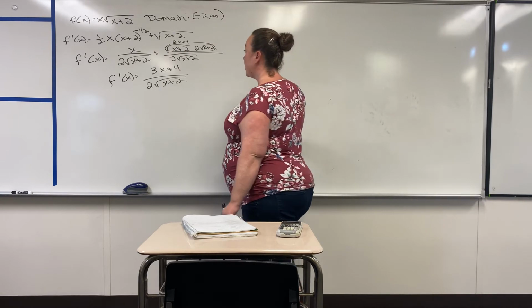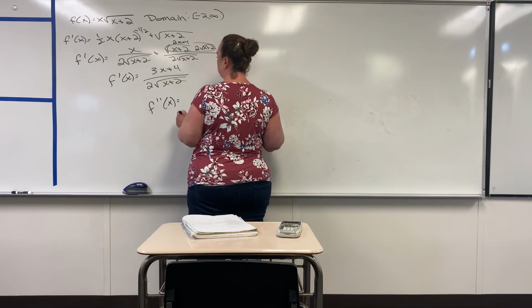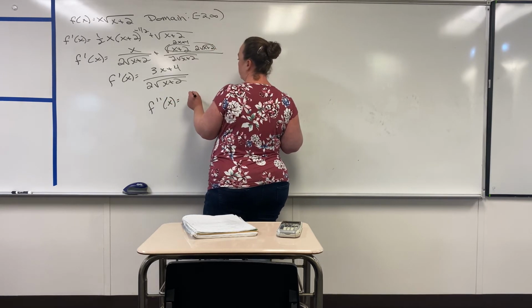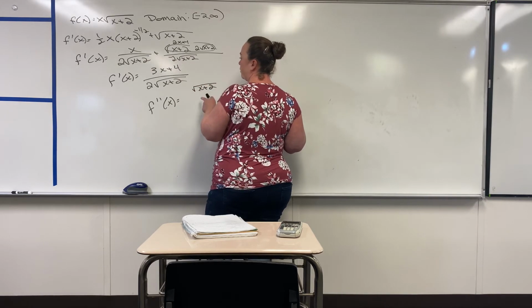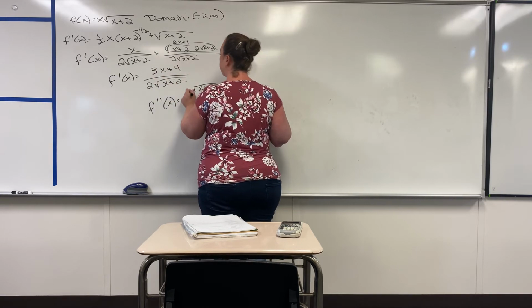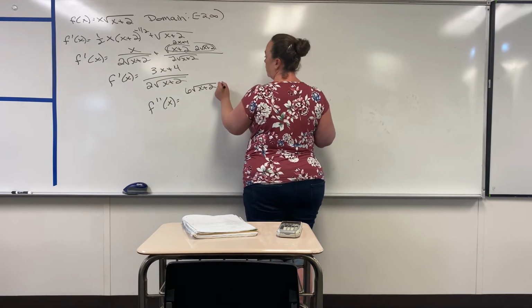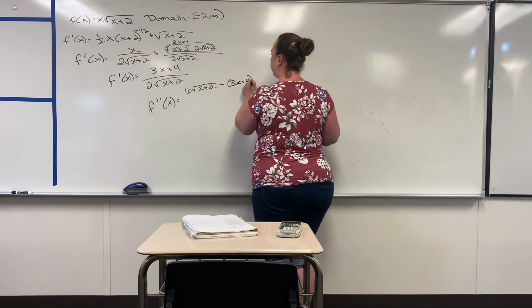So then you want to find your second derivative. So you've got bottom derivative of top. So you've got the 2, derivative of top is going to be 3, so you've got 6 minus top derivative of bottom.